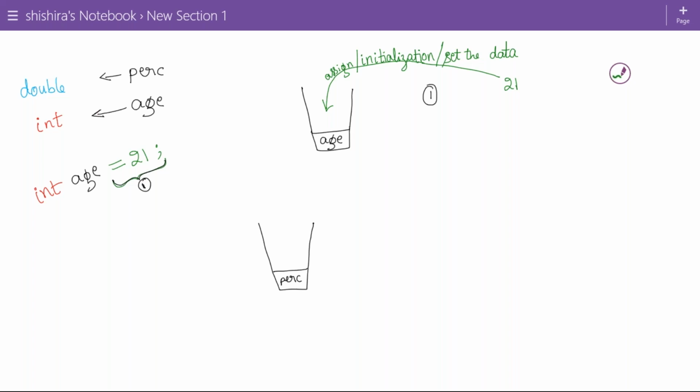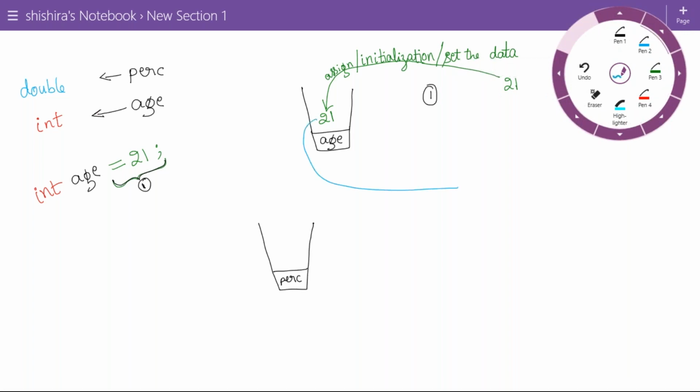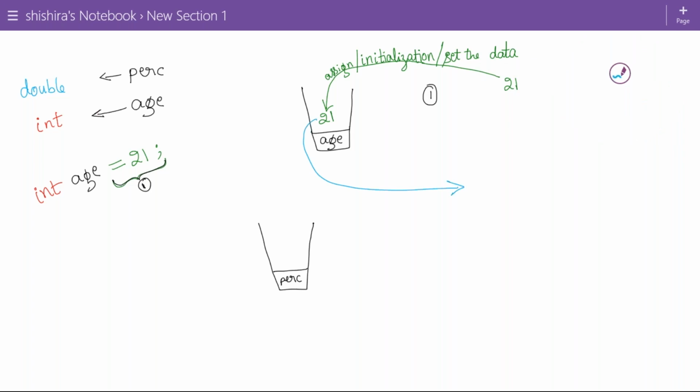What is that second thing that you can do? If it is already storing 21, what is the data that it is storing now? 21. It's already having a data called 21. So what can you do with this data then? Second thing, you can retrieve the data. Observe the arrow mark.